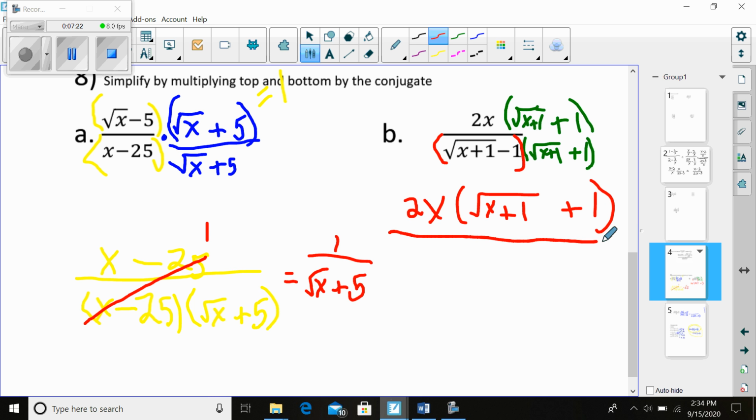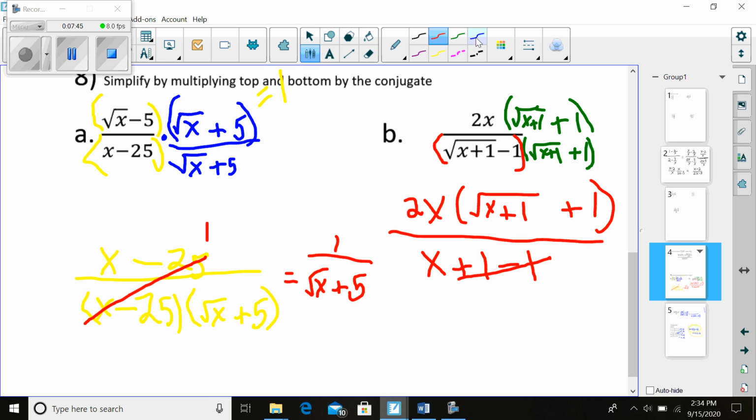However, in the denominator, when I go to FOIL, right, if I multiply radical x plus 1 times radical x plus 1, I did that in the warm-up. That's just x plus 1. Inside, outside, 0 out. Last would give me minus 1. Well, isn't that convenient? 1 minus 1, that's just 0.